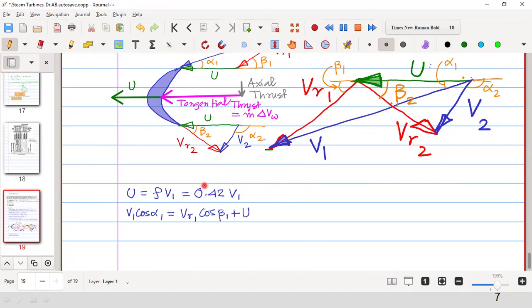So for V1 we can write cos alpha 1, where alpha is 18 degree. So V1 cos 18 degree is equal to VR1 cos beta 1 plus U, where VR1 we do not know yet, and U is equal to 0.42 V1.